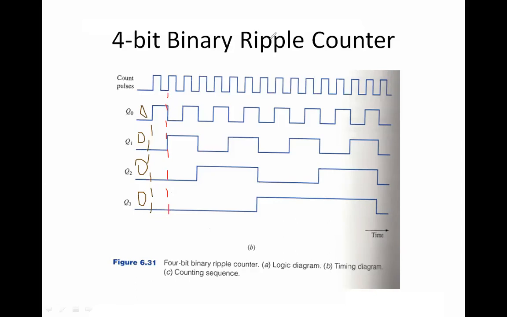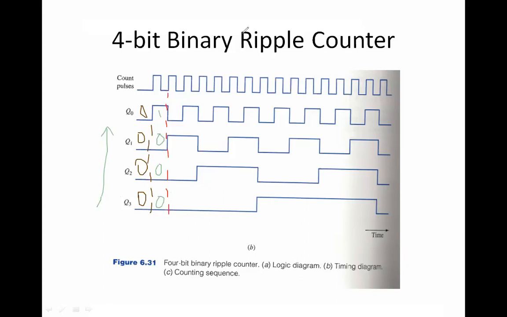We're going to get 1, 0, 0, 0. So you can see the values like this. So 0, 0, 0, 0, 0, 0, 0, 1. So 0, 1, 2.